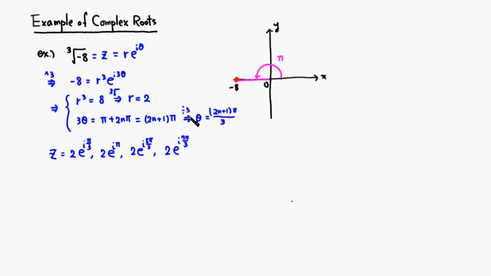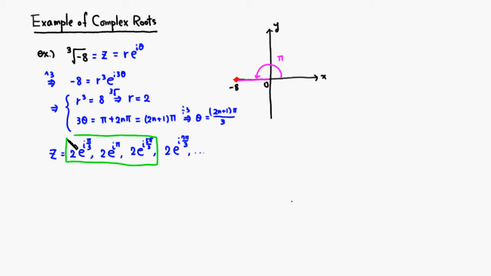Then I'm going to stop here, since 7 pi over 3 is just 2 pi more than pi over 3, so angle wise they're equivalent. The next one is equivalent to 2 e to the i pi, and so on. We don't need to worry about these, and the only distinct values would be these 3 values.